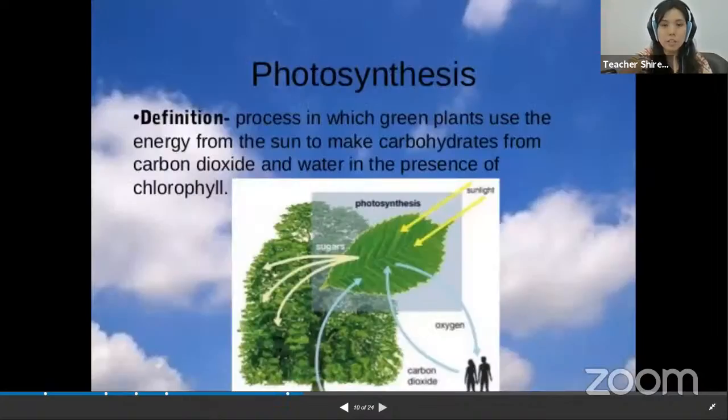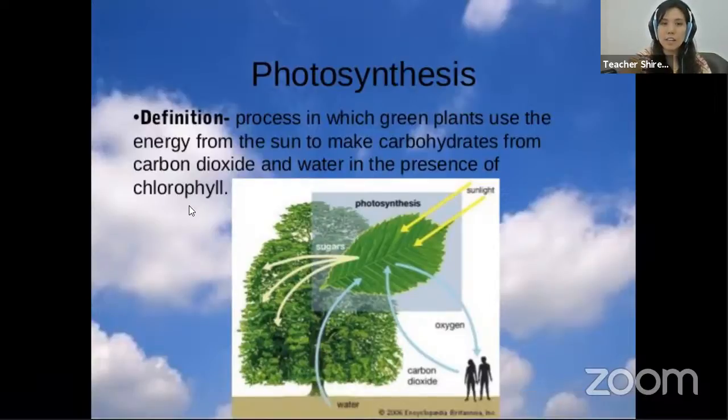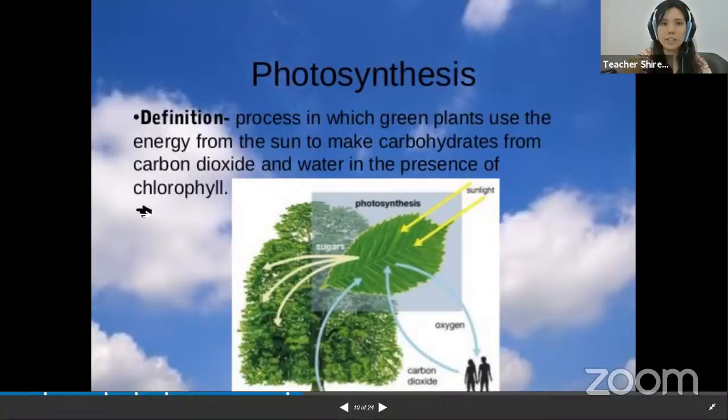Okay, so this is how photosynthesis works. Photosynthesis means that plants are making food. It's a process where green plants use the energy from the sun to make carbohydrate from carbon dioxide and water in the presence of chlorophyll. Remember, Joanna, that day you asked about the green thing? The green thing is called chlorophyll.